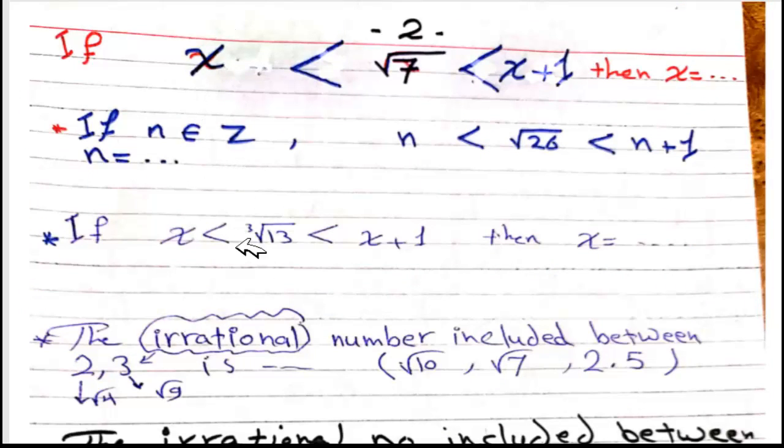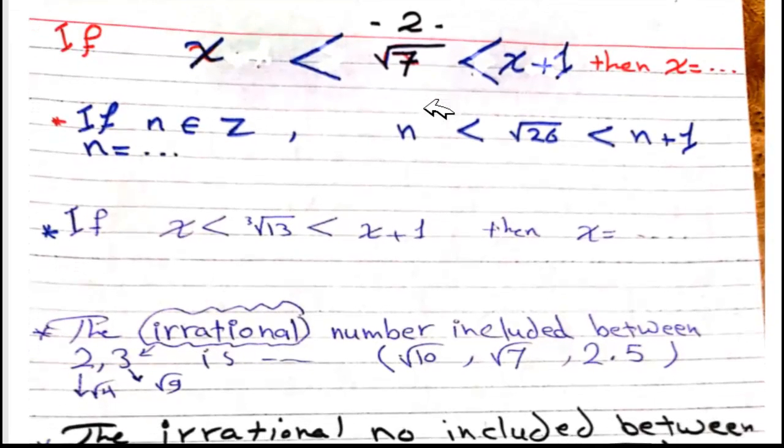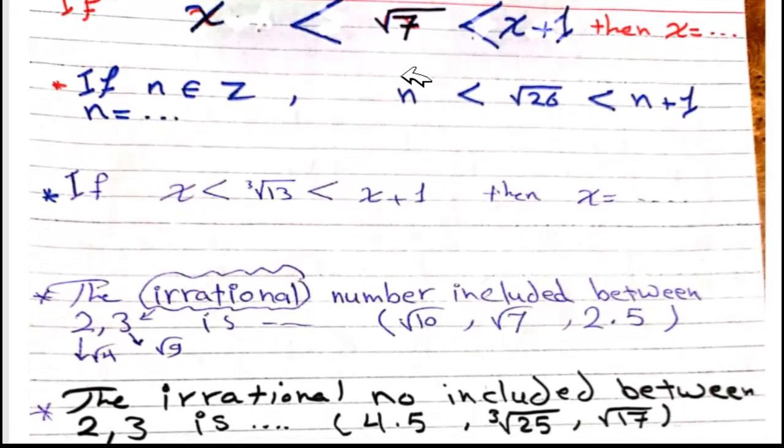Root 7 is between x and x plus 1. As we said, any irrational number is between two rational numbers. So I have to think about the number before 7 that has a square root. Does 6 have a square root? No. 5?